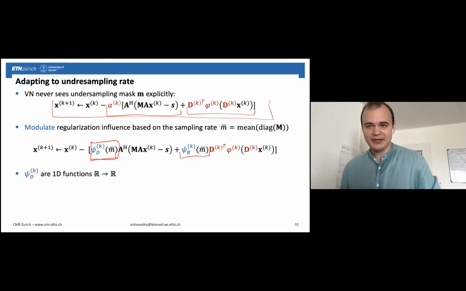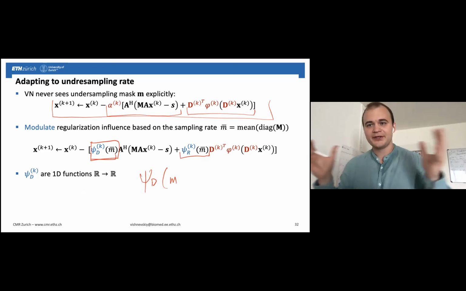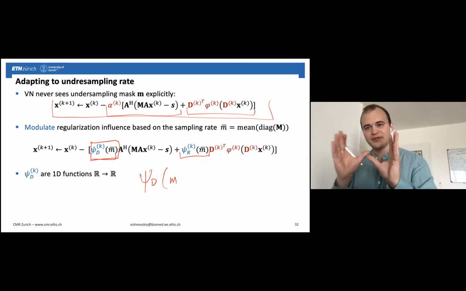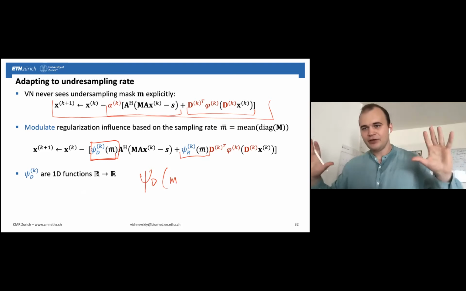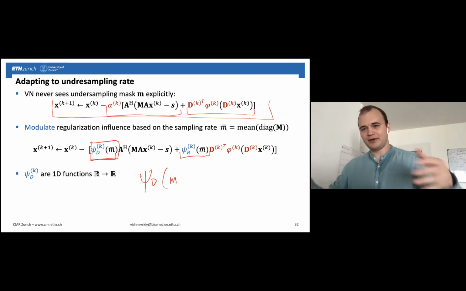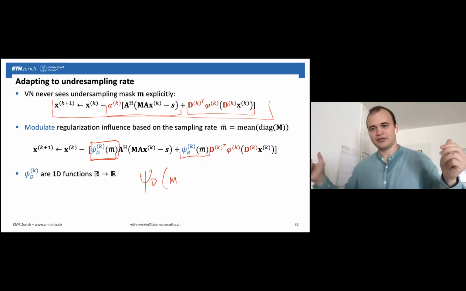So here they depend only on the acceleration rate, and those are scalar functions. But you can make those functions depend not only on the acceleration rate, but on the pattern of the mask. That's what we did recently. Because if you have a lot of samples in the center of the K-space, you basically have knowledge about the low frequencies, but don't have knowledge about high frequencies.